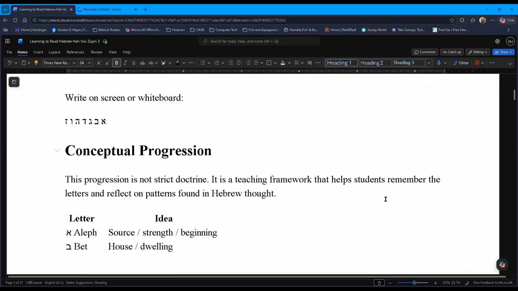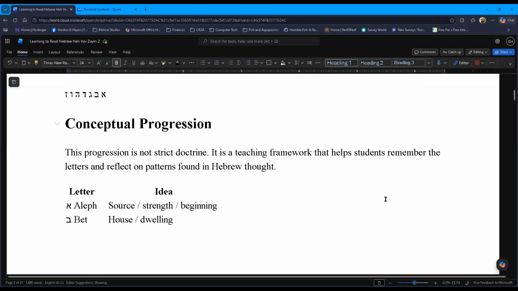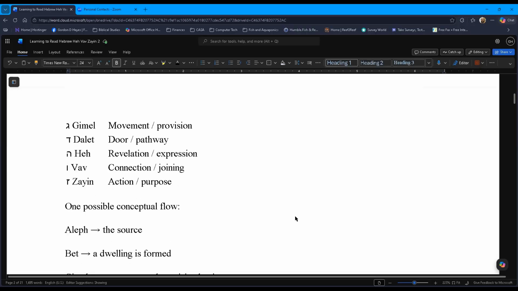So we learned in our first lesson of the consonants that the aleph has the idea of source, strength, and beginning. The bet has the idea of a house or a dwelling, a tent. We go into the gimel, and it has the idea of movement or provision because the gimel historically was connected with the camel, which was the primary method of moving goods from one area to another.